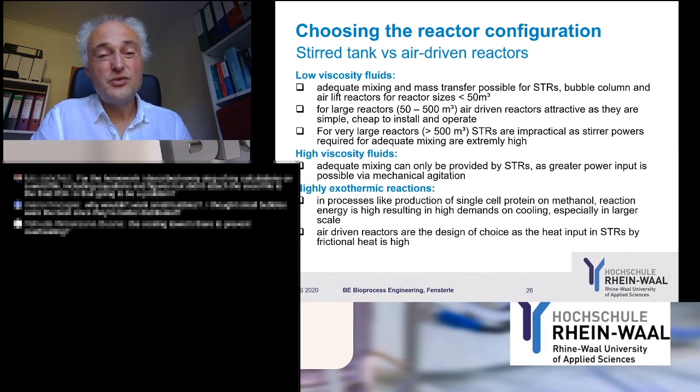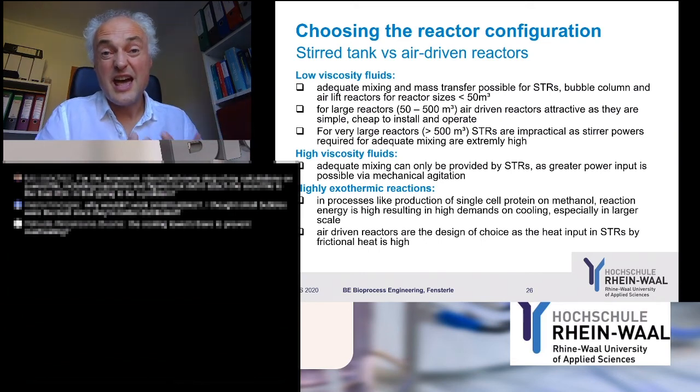So the heat of reaction is enormous. You remember we could calculate via an aerobic reaction by calculating the oxygen consumed, and at the end it's the transfer of electrons from our substance to my biomass and oxygen. And the higher the degree of reduction, the higher the heat I produce at the end.